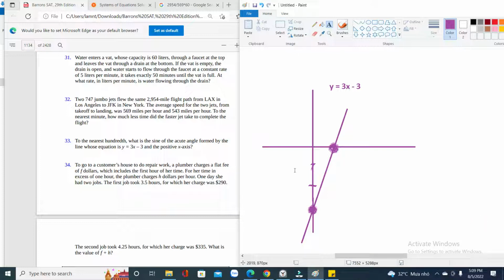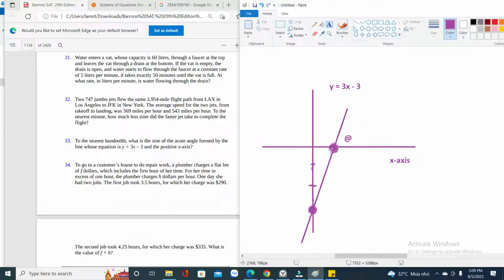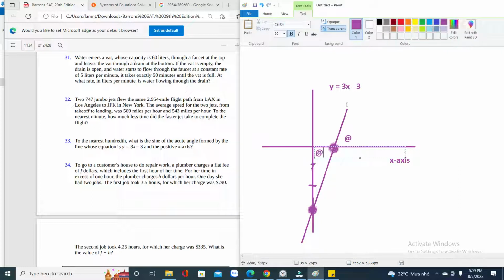Okay, so they asked about the sine of the acute angle formed by this line with the OX axis, which is the horizontal line, the x-axis. Let's call that angle alpha. Because these two are opposite angles, this angle is also alpha.